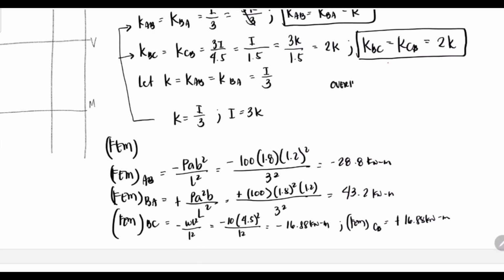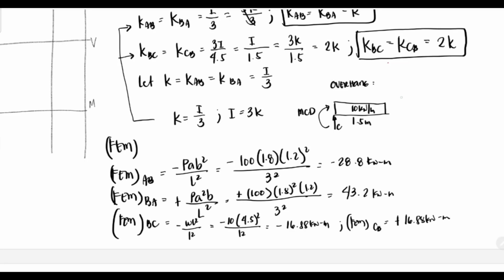So, overhang, that is equivalent to, kunin natin itong ating 10 kilonewton per meter. And then, of course, we have here C and 1.5 meter. And our moment here would be like this. That is your moment CB. Okay? So, for our moment CD, that is equivalent to negative 15 times 0.75. That is negative 11.55.